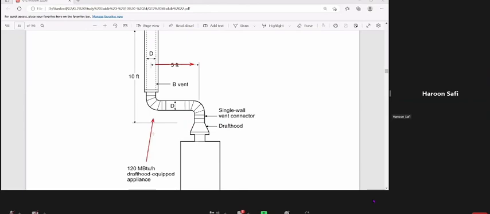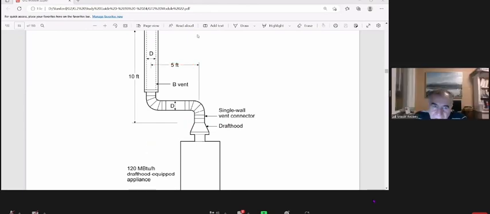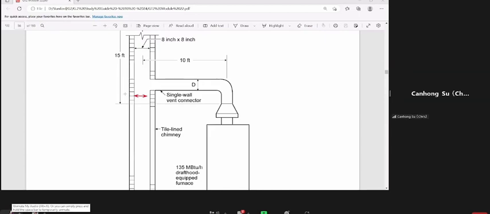Next, look at here, sir. What type of vent is it? It's a chimney, a masonry chimney, type A. The type of liner here is clay. So this is a clay masonry chimney.